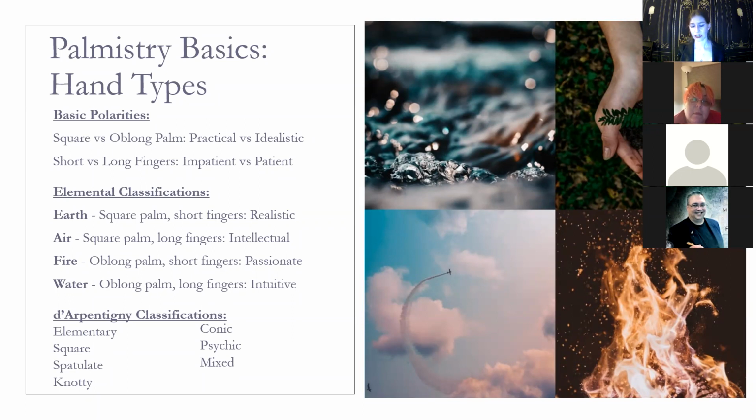Then you have the conic hand, which is an oblong palm with more rounded fingertips. And a lot of people have the conic hand. Almost sounds like iconic. But these people have a more curved hand shape, so this area would be even more curved than mine right now. So I don't think I have the conic hand.